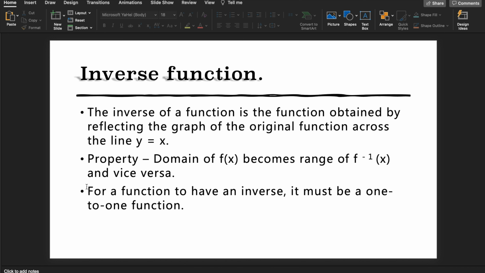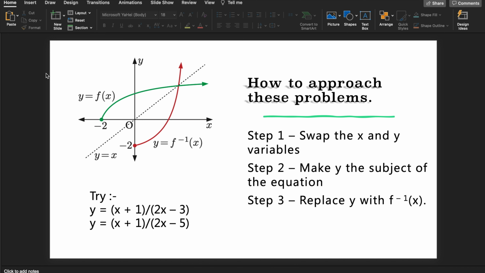Okay, the first point says that the inverse of a function is a function obtained by reflecting the graph of the original function across the line y equals x. I think that's very clear and straightforward. I'll just show you the graph. So you basically draw a line y equals x, and this is the original graph, meaning you'll have to reflect it over this line.